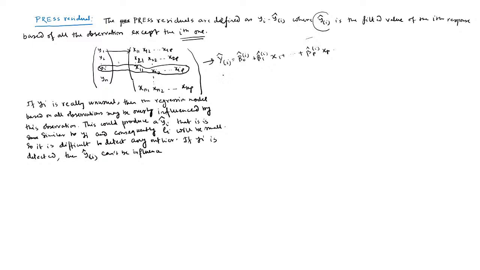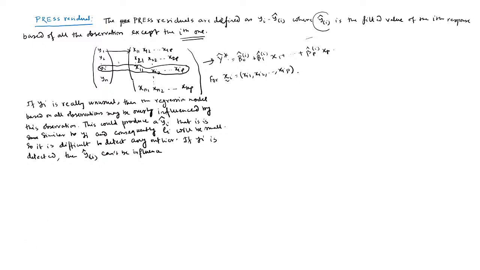Now for xi, that means xi1, xi2, ..., xip, I think it is better to write this. This is the fitted model based on the data set where the ith observation is excluded.